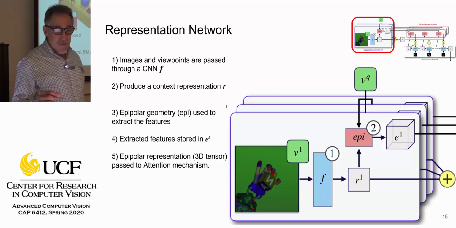R then passes up to the epipolar geometry component, which was discussed in the previous slide. And then for each context image, we are producing our 3D tensor E, and these all get passed on to the next stage. The representations also get passed on, added together for each context image.